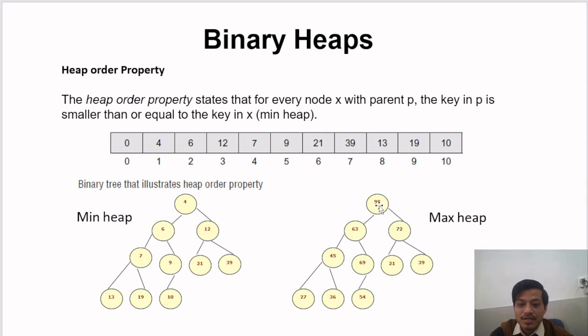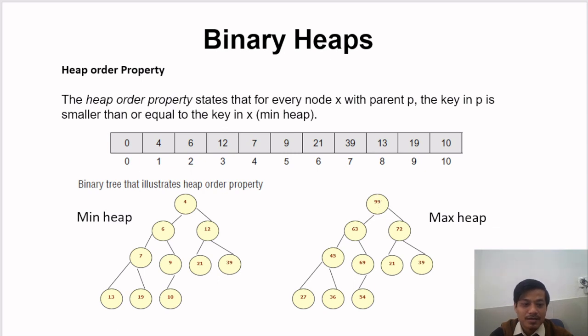For deletion and for accessing the maximum value, it will be easy using the max heap, because the highest value is always stored in the root element, so directly we can access the root element.